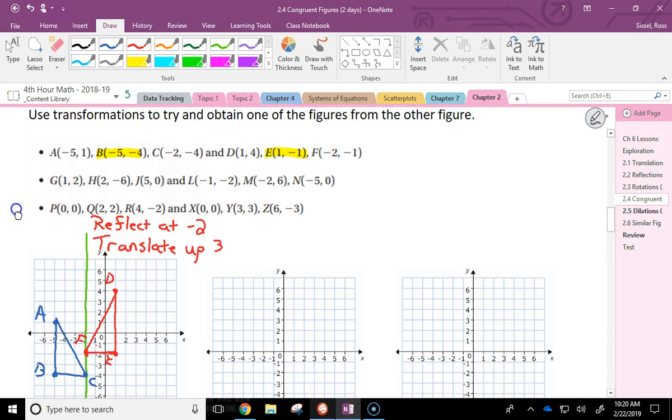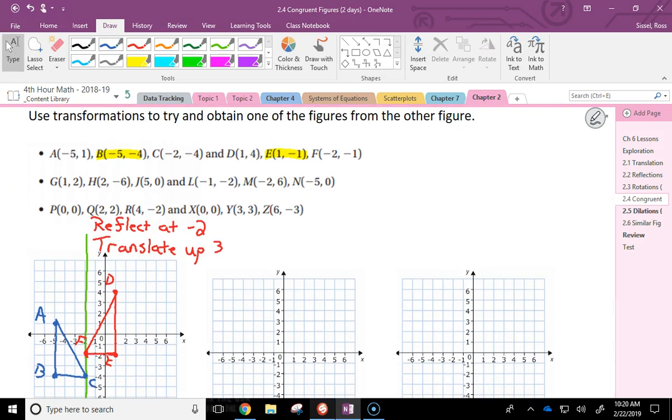If I would have translated all my pieces up, this would have still stayed at -5. But if I would have translated up 3, that would have been at -1. This one would have stayed at -5, but this would be at 4. So at -2, but -1. The reason I'm showing you this is if we're not able to graph something, where are connections going to be?